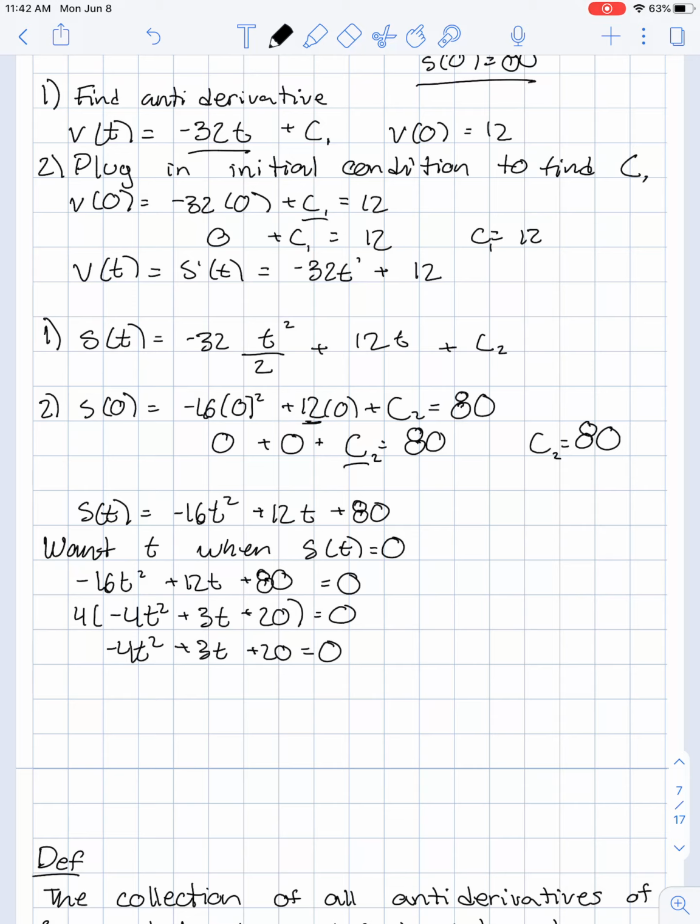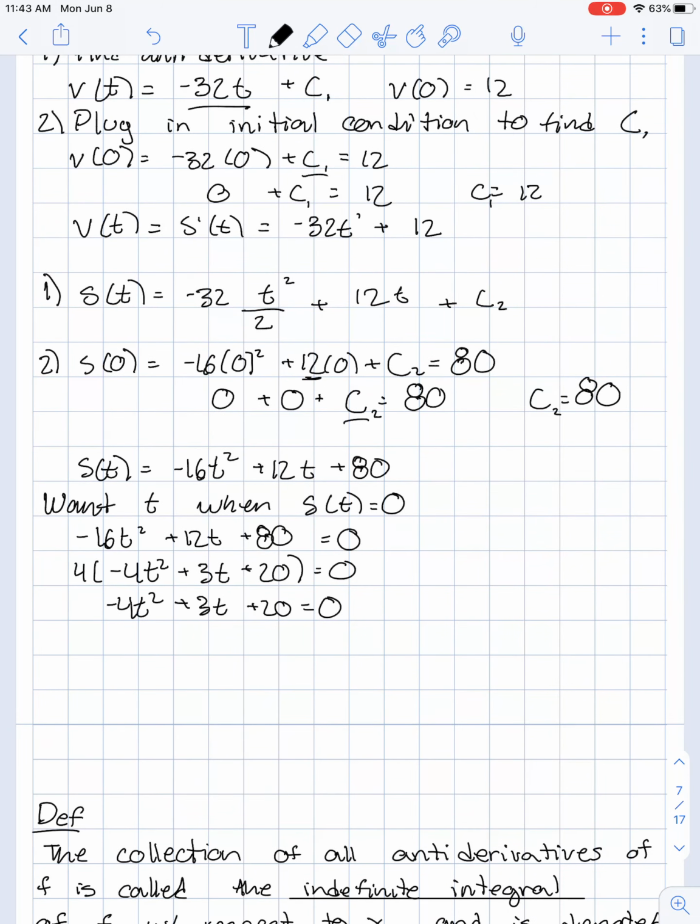I don't think we can factor that. I also hate factoring when there's a number in front of t squared or x squared. So I like to use the quadratic formula. If you don't know the quadratic formula, I'm going to sing it to you, but you should know it by heart. All right. So we're going to have that t equals negative b, so negative 3, plus or minus the square root of b squared minus 4ac, da da da da, all over 2a, which is negative 8.